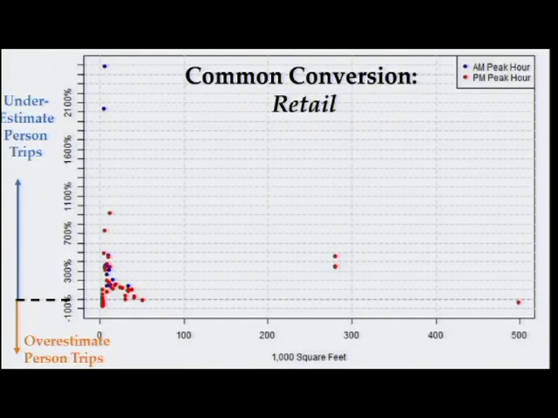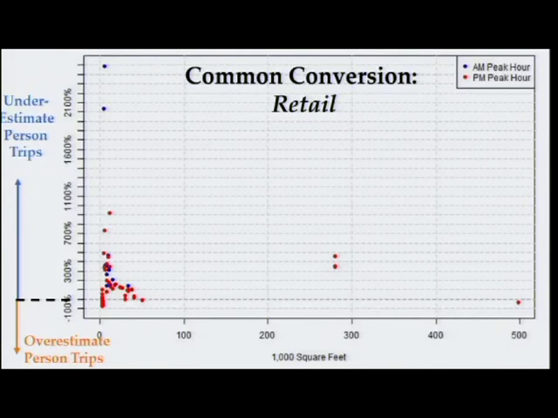I think some of the worst ones are convenience markets in Portland, which means that for whatever reason, these convenience markets are generating a really high number of trips. And the locations that ITE was observing are probably less economically successful.